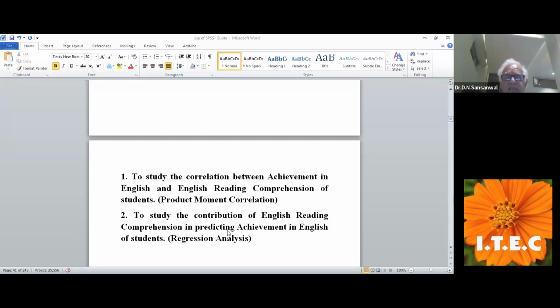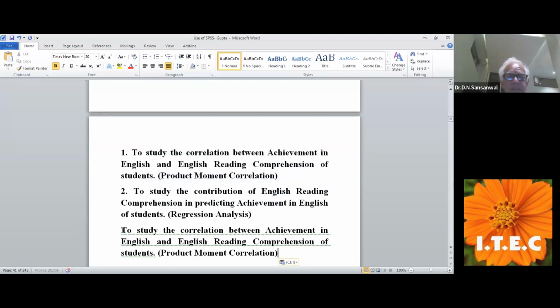If I write the objective like this: to study the correlation between achievement in English and reading comprehension of male and female students separately.